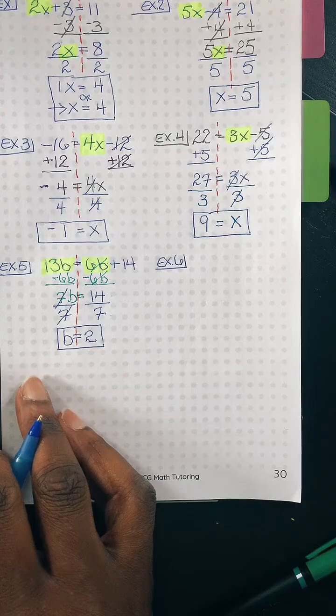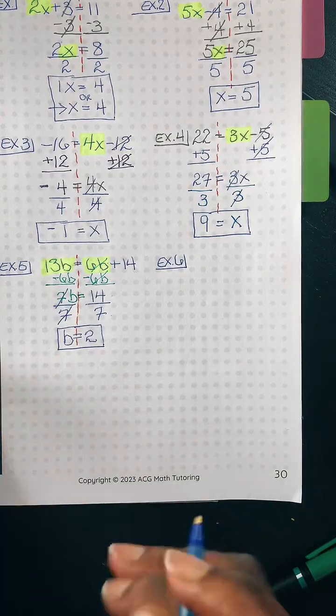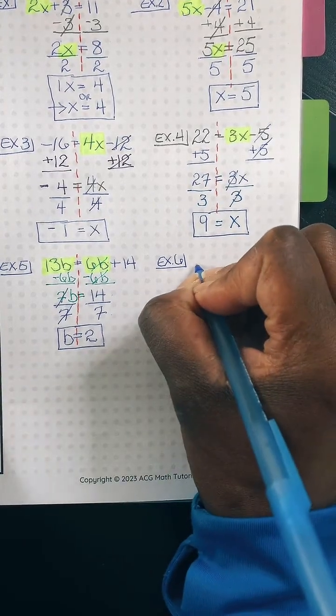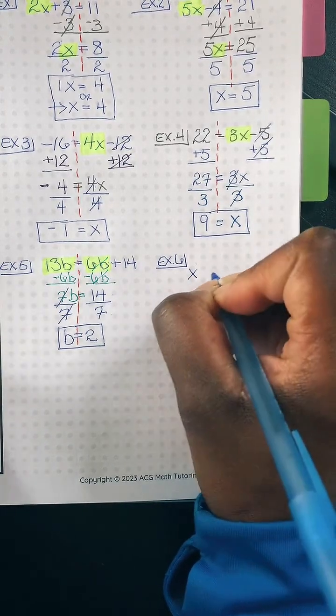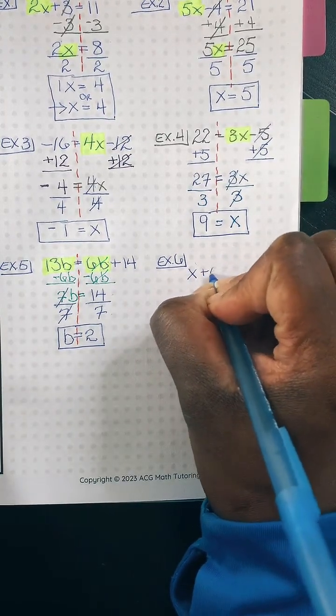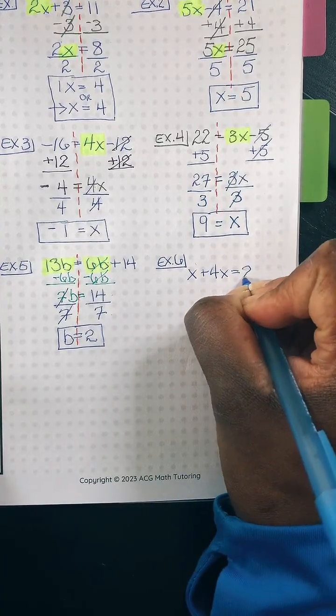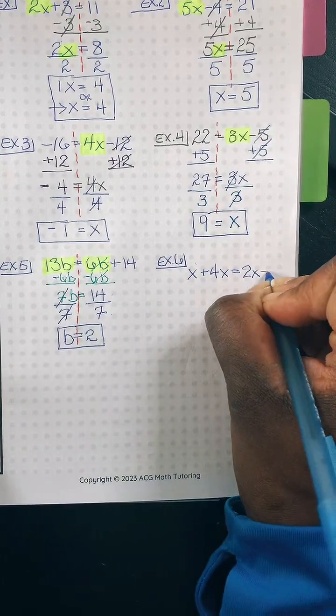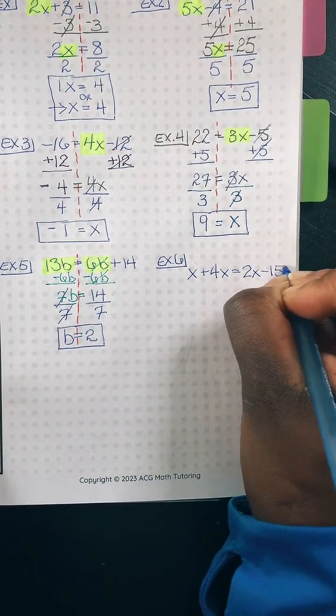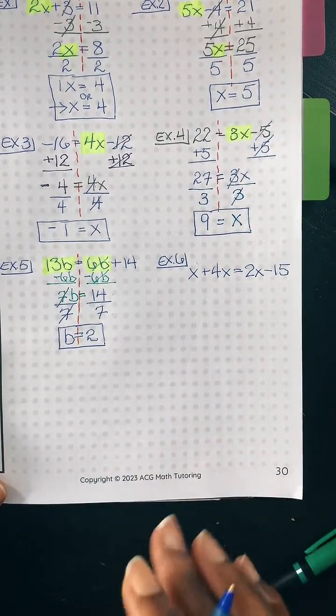All right, so now let's try this one. Let's say x plus 4x equals 2x minus 15. Ooh, you guys have been very busy.